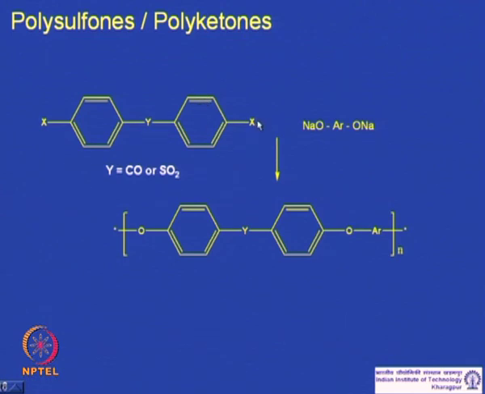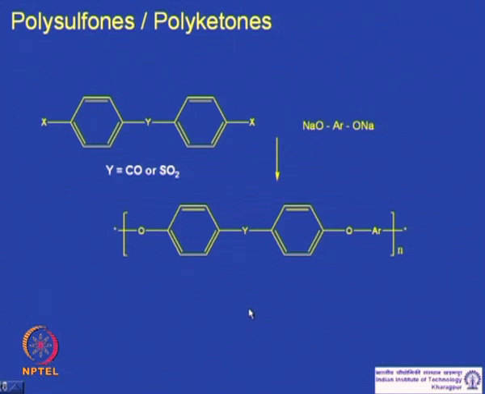Now, typically these aromatic halides are not very reactive towards nucleophilic substitution, but because you have a strong electron withdrawing group present here, CO or SO2, this becomes more reactive towards nucleophilic substitution. So, you can carry out the reaction with the salt of the phenolate ion, and you can make polymers like this.